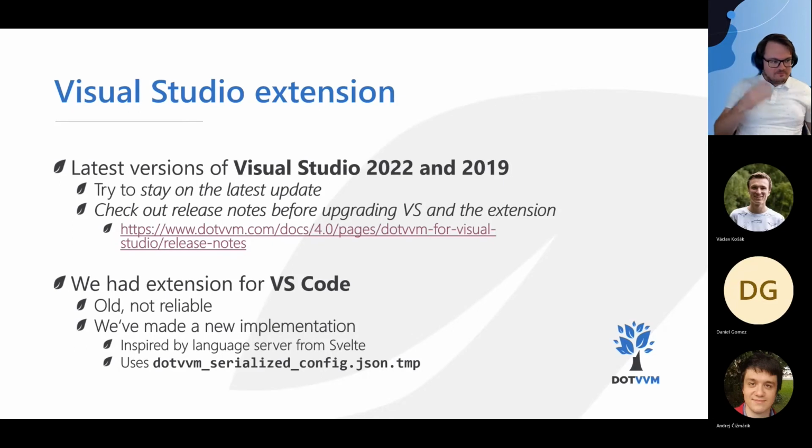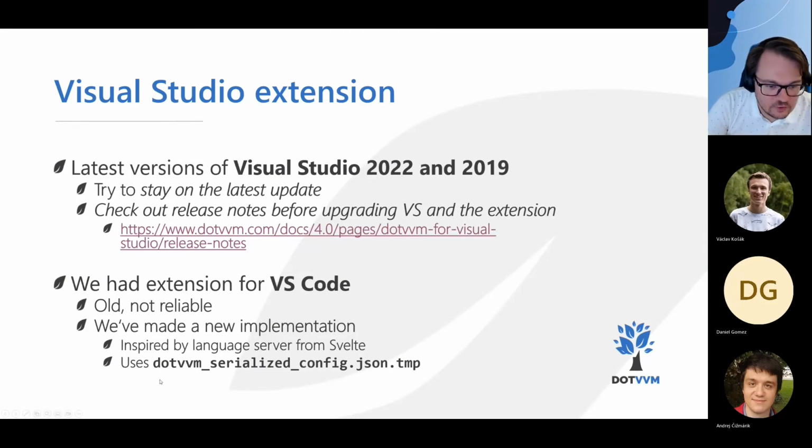So we made several hackathons on the weekends, and my colleagues basically took the language server implemented for the Svelte framework, because the Svelte team was doing pretty much a similar thing that DotVVM needs. So we got some inspiration from their implementation of the language server, and we have implemented support for DotVVM. It will not be as powerful as the extension for big Visual Studio. However, it still will be much better than the old extension we had.